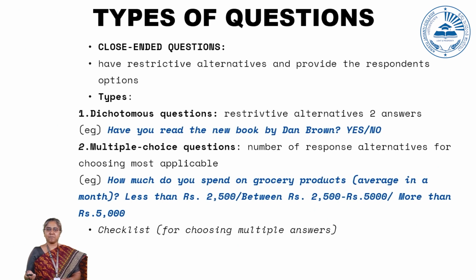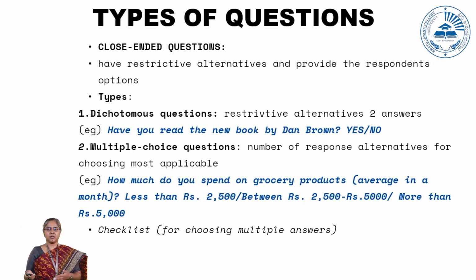The second is multiple choice question. We're all very familiar with multiple choice questions. Over here, various alternatives are given and the respondent needs to just choose the one whichever is applicable for them. An example stated here: how much do you spend on grocery products? The options include average in a month, less than rupees 2,500, between 2,500 and rupees 5,000, more than rupees 5,000.